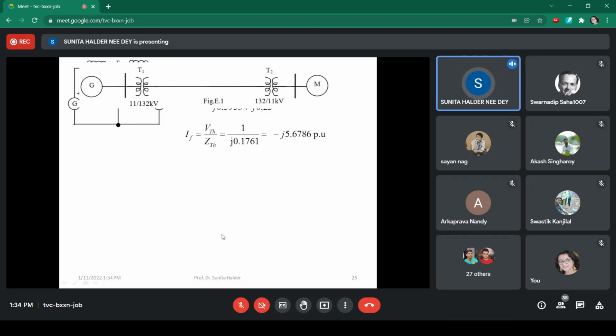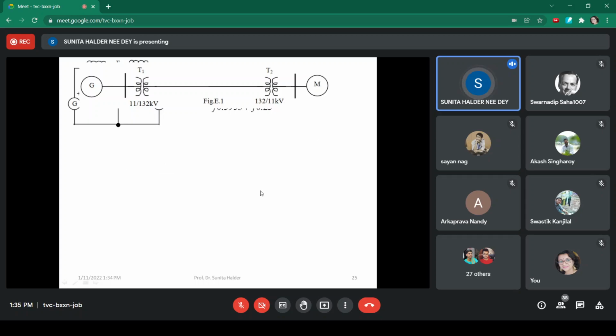This is the figure. Here the fault was at the HT terminal of the motor transformer, so this side is 132 kV. The MVA base is the same, 50, but the voltage base is 132 kV. In that way we have to calculate the fault current, right?